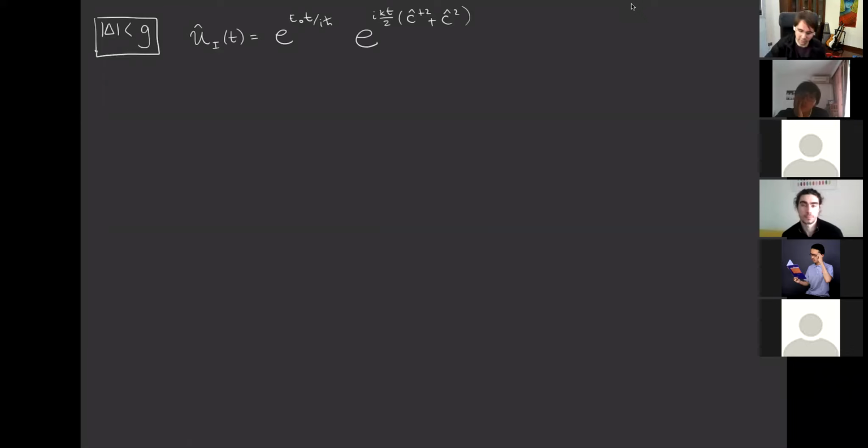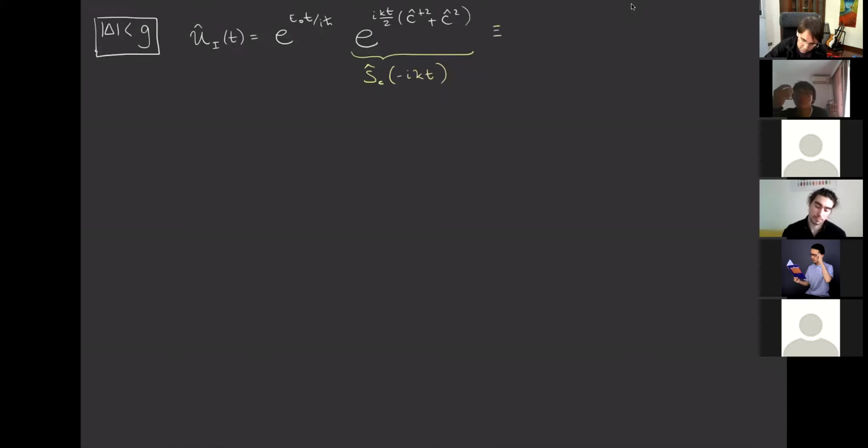Now, what's interesting is that the time evolution operator itself is nothing but a squeezing transformation for mode C, S sub C, with squeezing amplitude minus i kappa t.